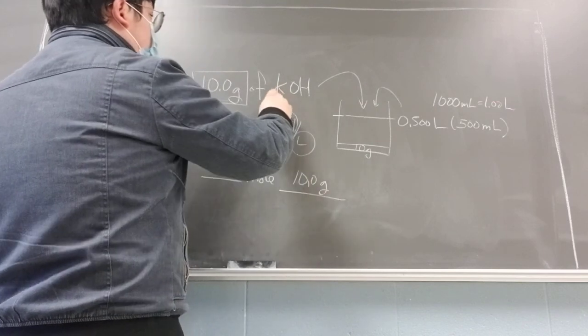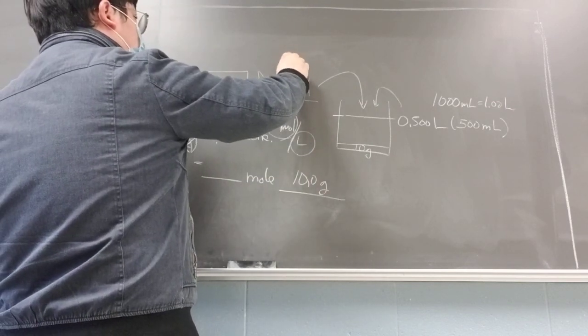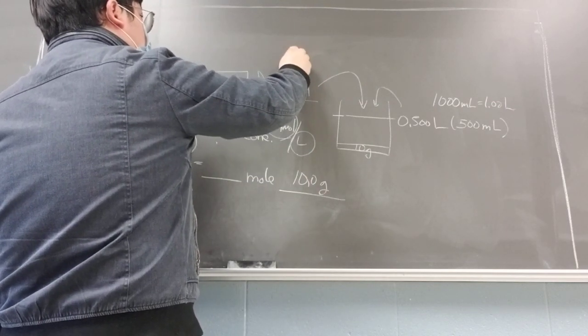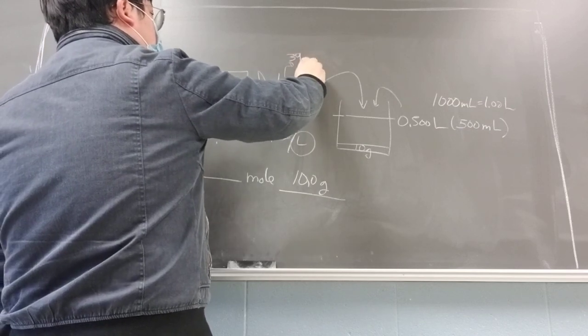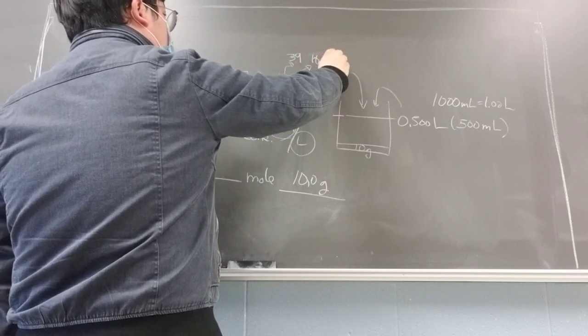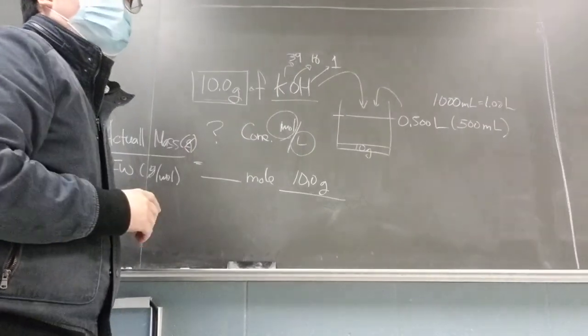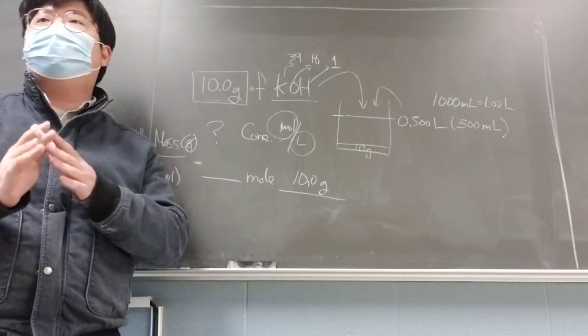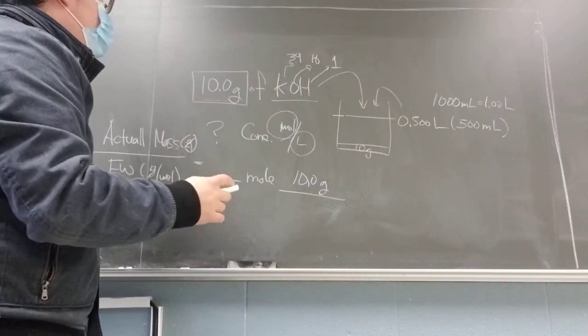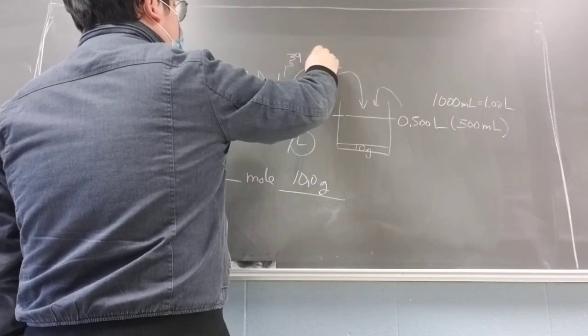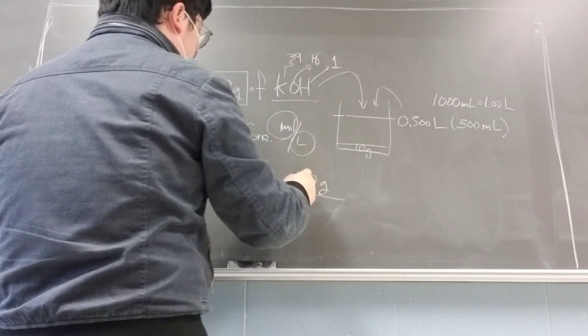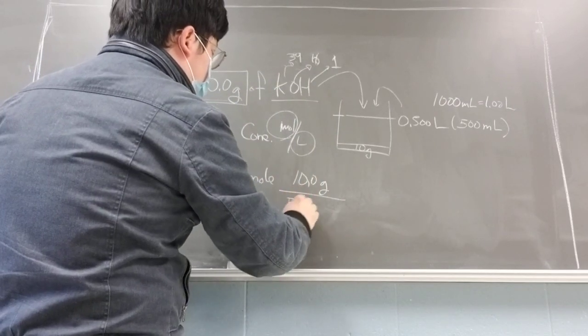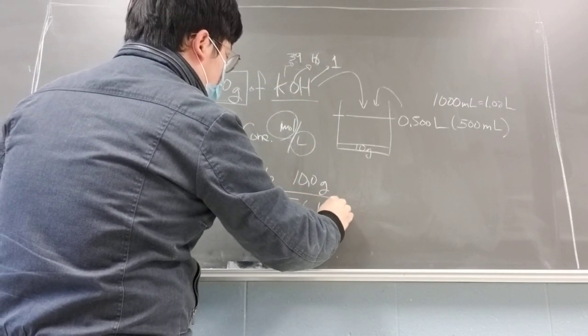And then potassium is approximately about 39, oxygen is about 16, and hydrogen is about 1. These are all on your periodic table. So try to copy the numbers you see on the periodic table, which will be given on exam 2 anyway. If you do all of that, this should be about 56.1 grams per mole.